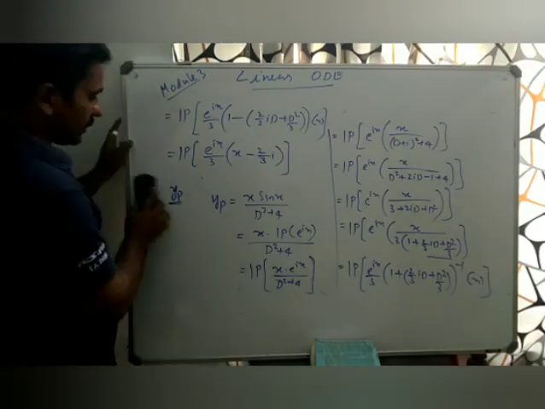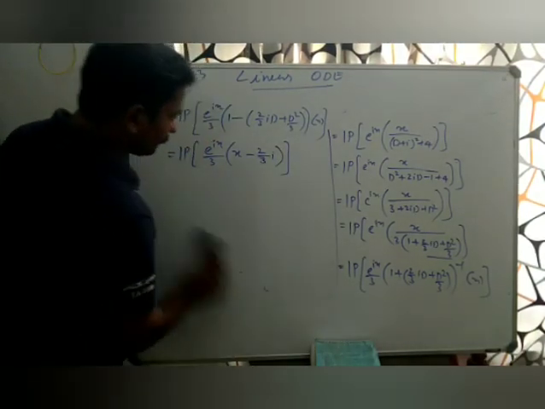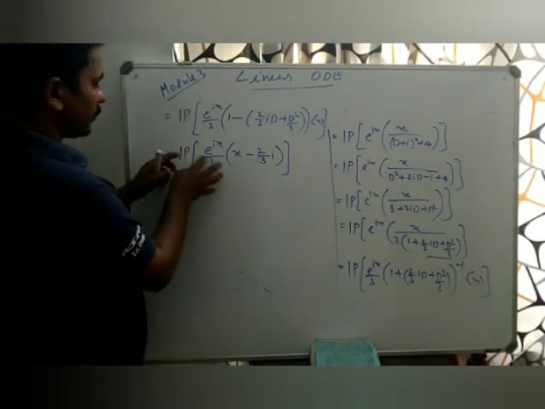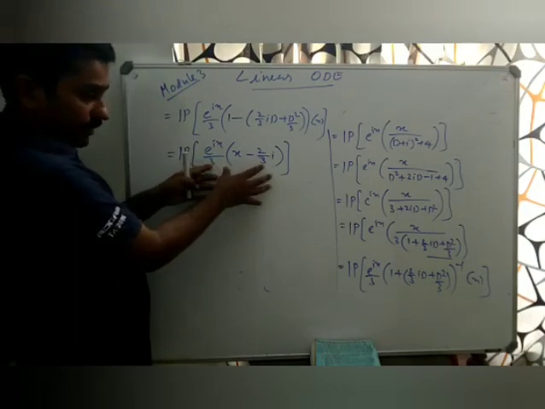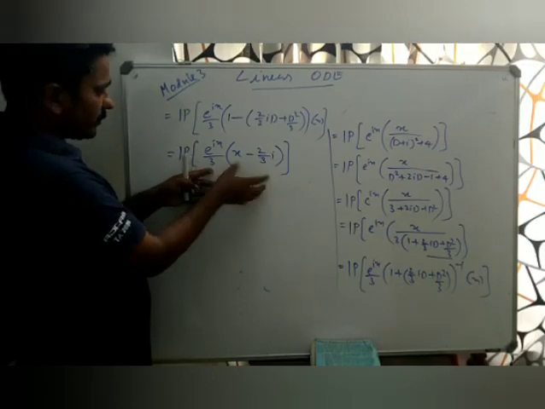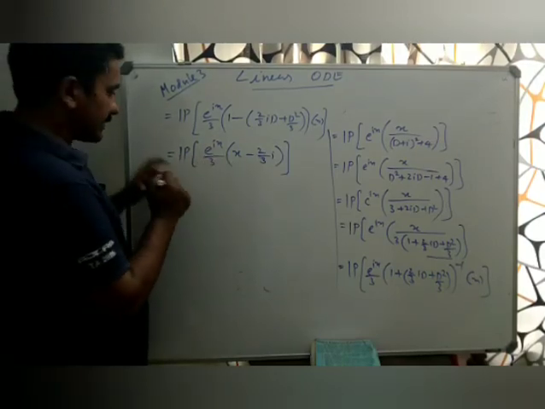Okay, now you simplify this one. Now this one is a complex number, right? In terms of x, it's a complex number. You find the imaginary part of that complex number, that's it.